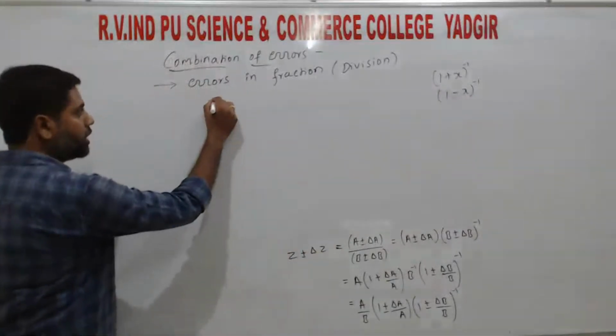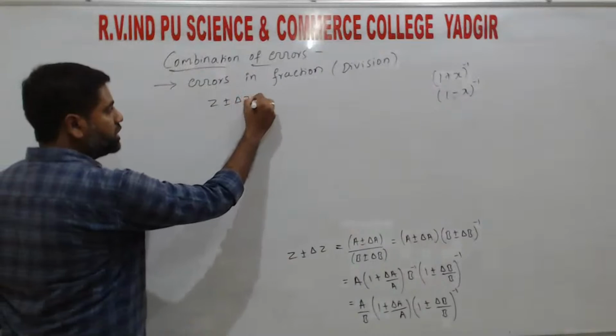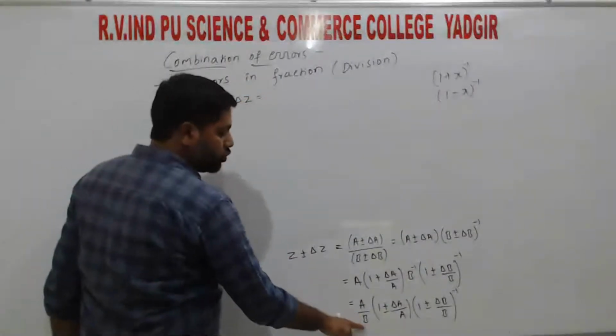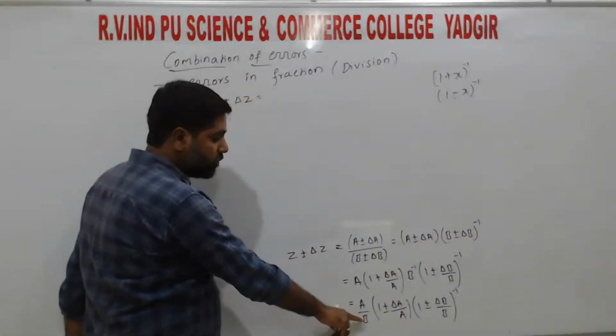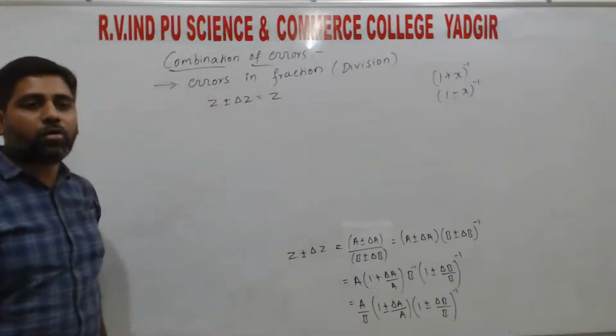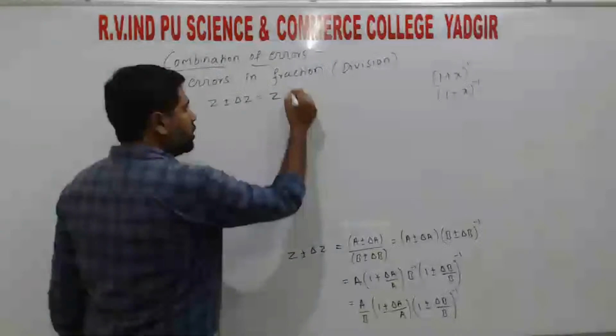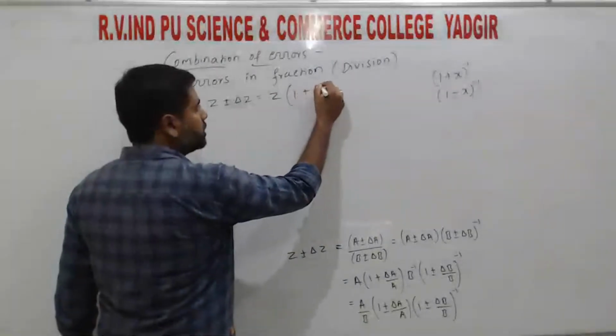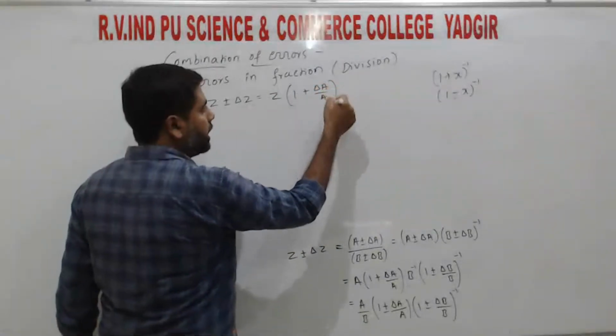Right? So this we can write z plus or minus delta z equals A by B. So from the first equation we can write this one as z. So keeping as is 1 plus delta A by A, right?